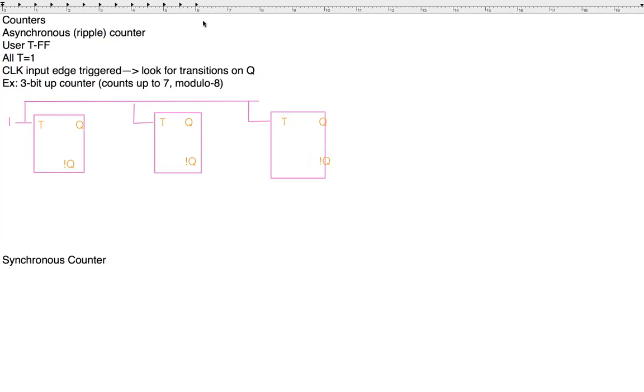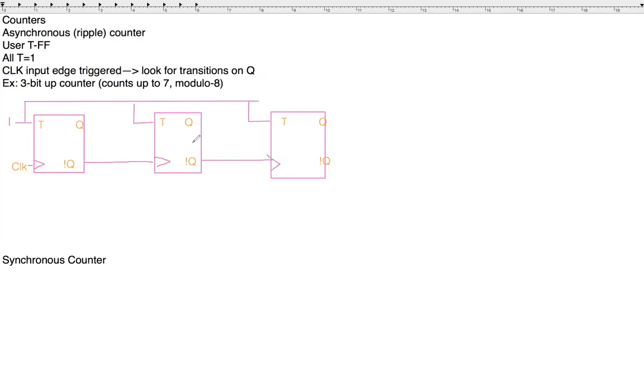And then we have our clock. The clock goes to the first one, and you'll see why when I derive it soon. That clock goes into the first T flip-flop, and then the clock for the next is set by the not Q of the previous, and then the clock here is set by the not Q for this T flip-flop.